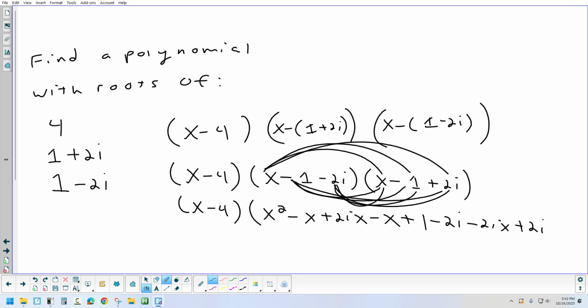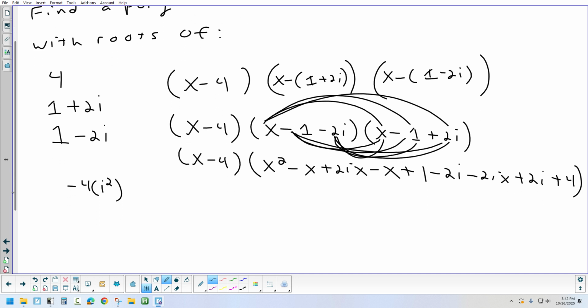Negative 4i squared. And what's i squared? Negative 1. And what's negative 1 times negative 4? 4. So plus 4. So it looks bad right now, but a lot of that's going to clean up.